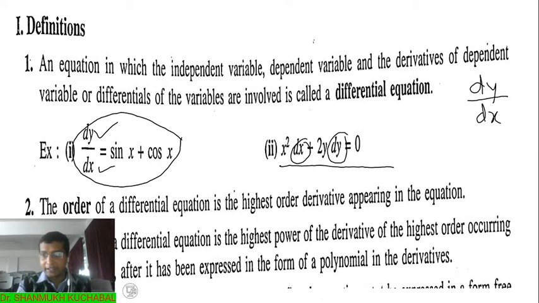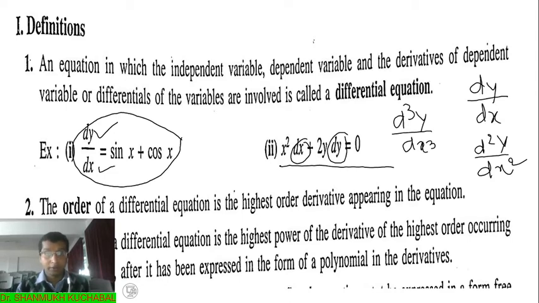If I write d square y by dx square, it is called a second order differential equation. Further, d cube y upon dx cube is called a third order differential equation. So it is called the order of a differential equation.